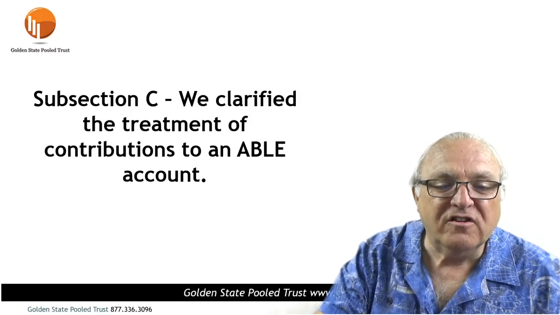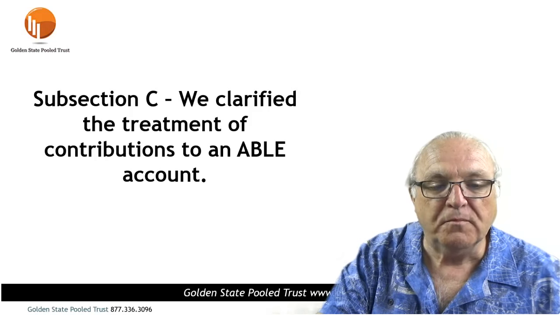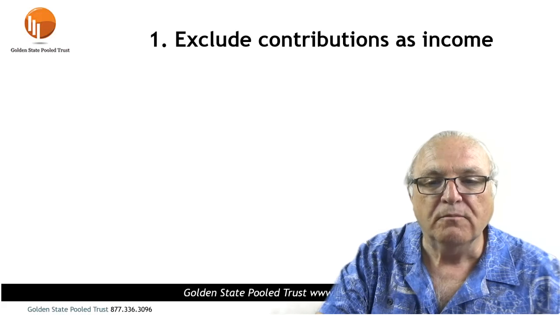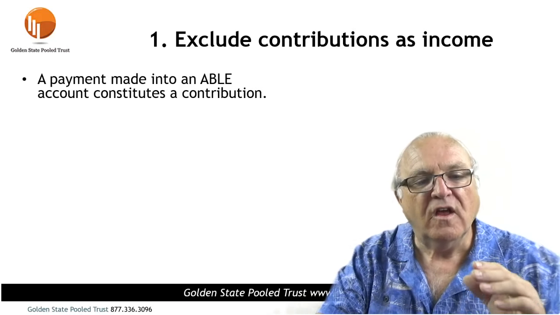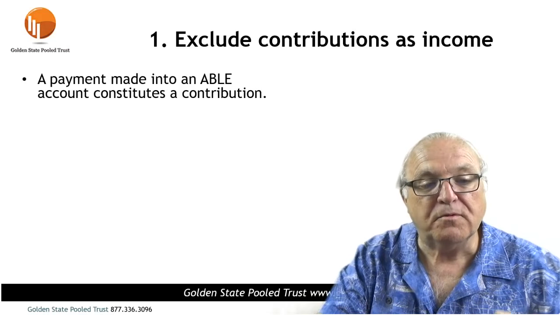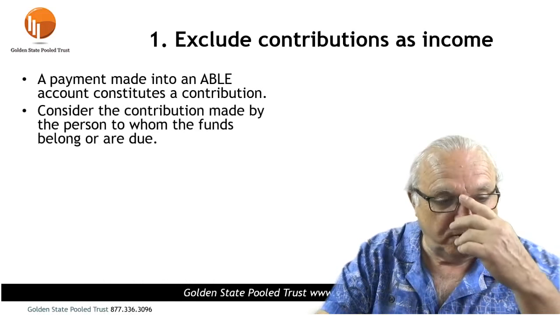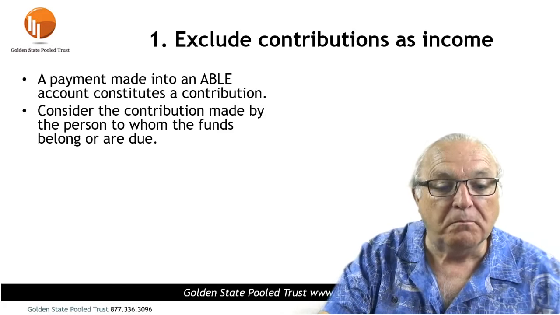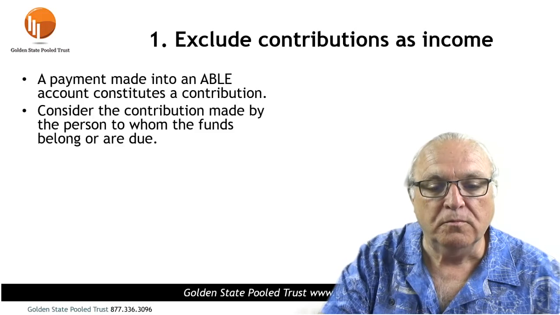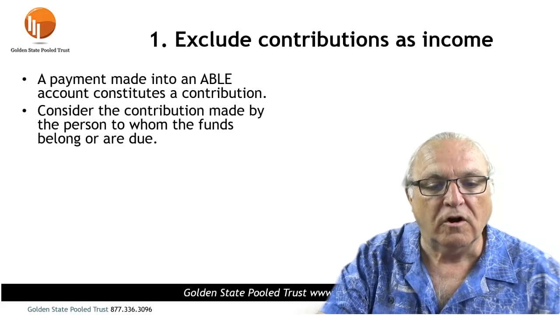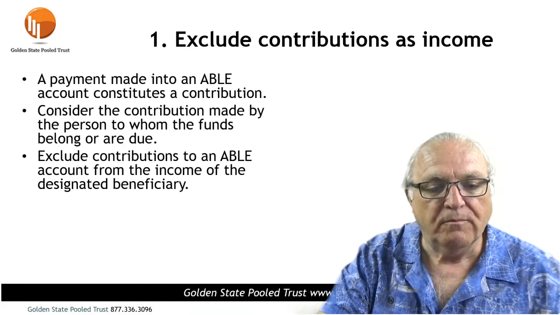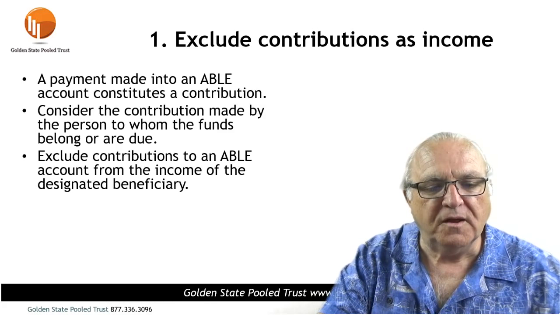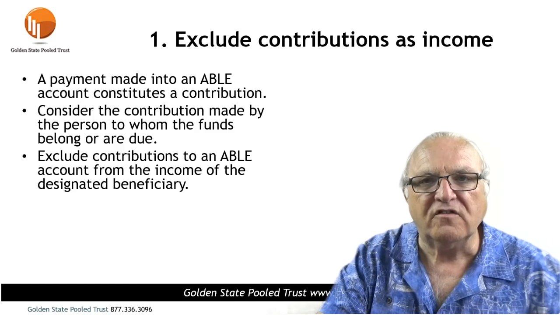So in subsection C, we clarify the treatment of contributions to an ABLE account. So what it says is the payment made to an ABLE account constitutes a contribution. Consider the contribution made by the person to whom the funds belong or are due. Exclude contributions to an ABLE account from the income of the designated beneficiary.